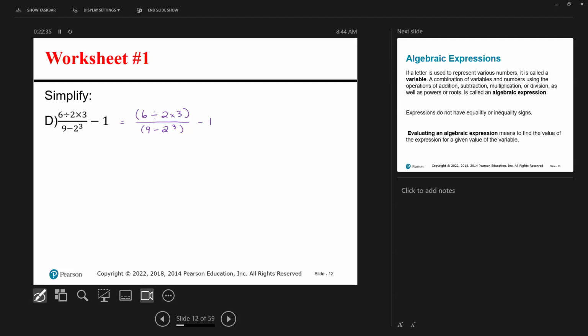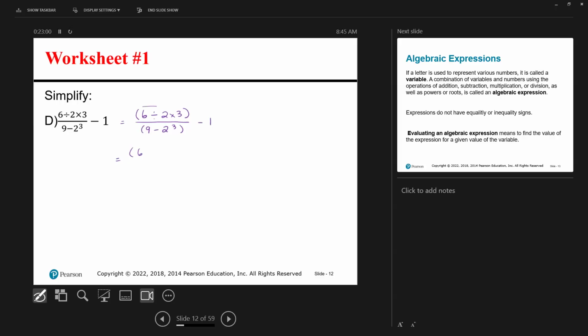One of the things we watch out for is when we have all this and we've got this -1, sometimes we go through and simplify everything and then we forget about this -1. So if there's some number added on somewhere, try not to forget about it. We'll do the top one first.